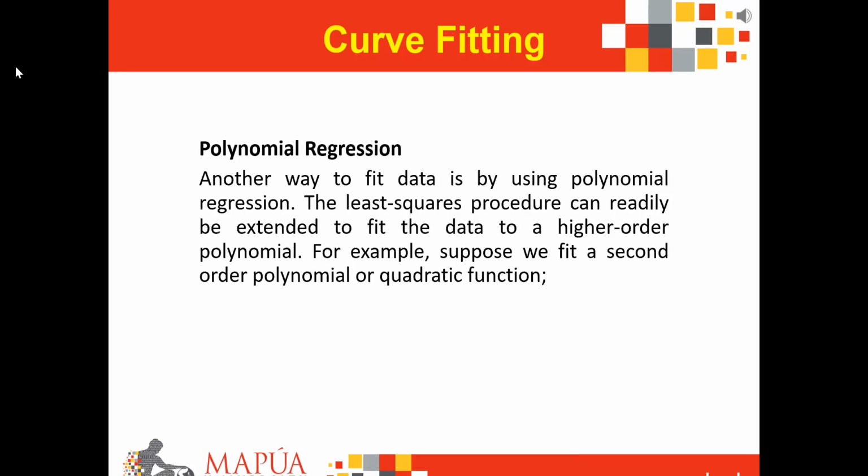Polynomial regression is basically another way to fit your data, if you require a particular function that is higher than a linear regression. For example, let's say we require a quadratic regression. Therefore, the general form of your function for your quadratic equation would simply be a0 plus a1x plus a2x squared plus e.